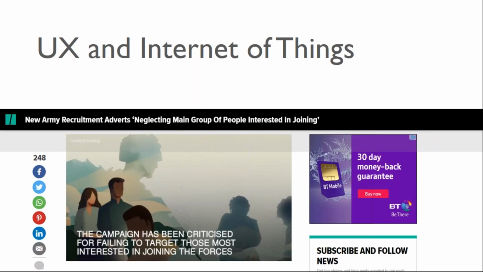So where the Army's getting absolutely hammered at the moment is that no one's denying that it's important for the Army to give a strong message of inclusiveness and not to be discriminatory in any way. But I think the problem with this is that the core persona group of people or groups of people who would join the Army haven't been considered in terms of the overall messaging. So there's a lot of criticism out there at the moment for this advert because it seems so at odds with the sort of core message that people want to see.